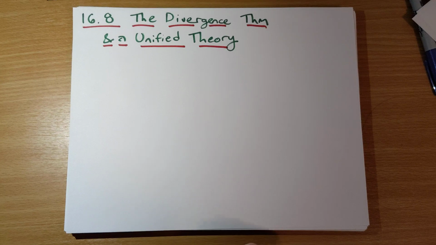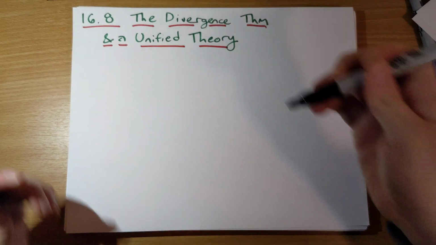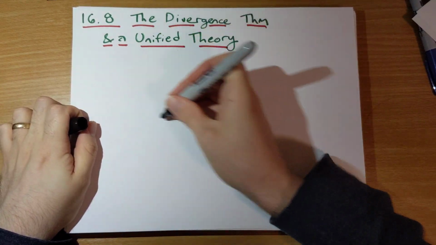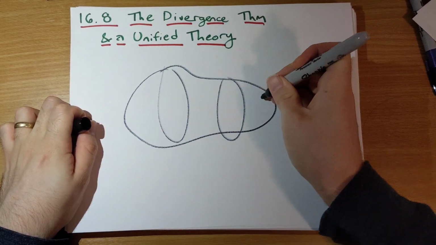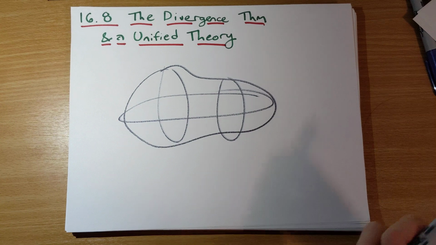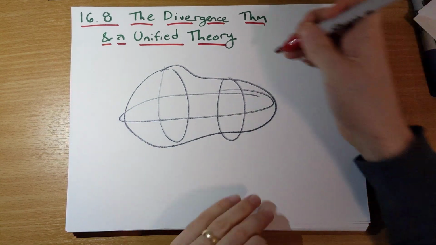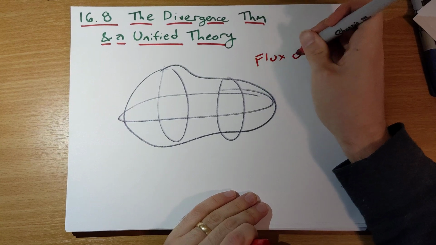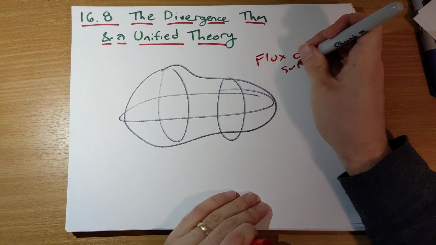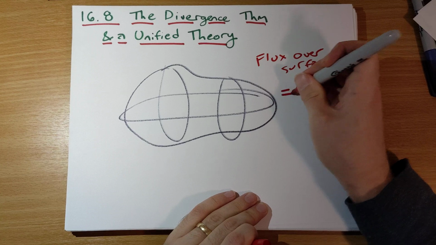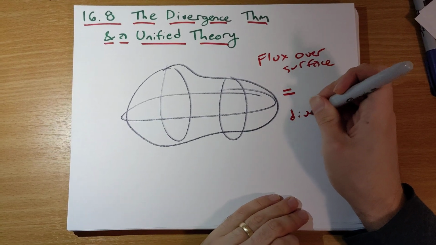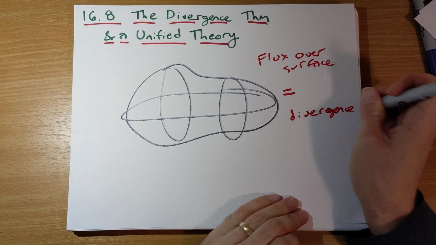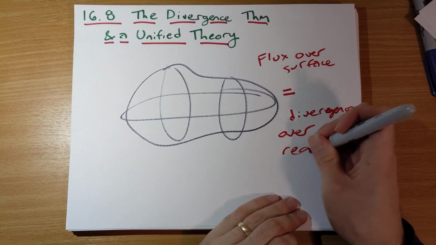And so what we're going to do in this section is come up with a 3D analog of this. So here is some 3D region, and we're going to equate the flux over the surface to, in some sense, the divergence over the region inside.